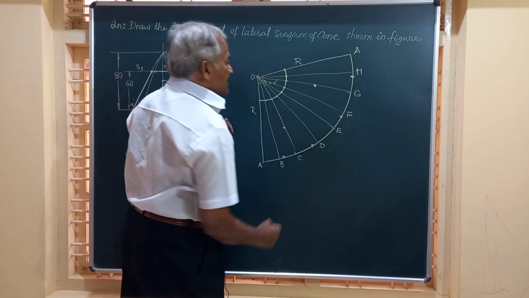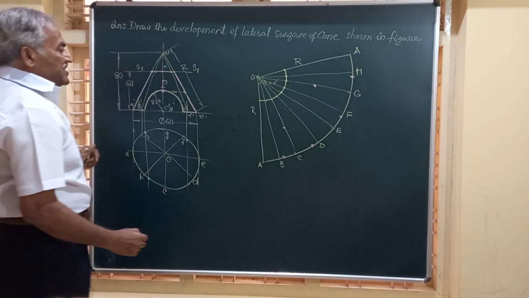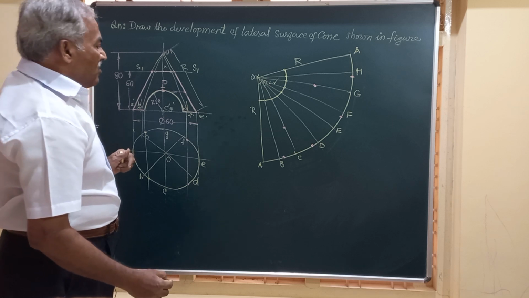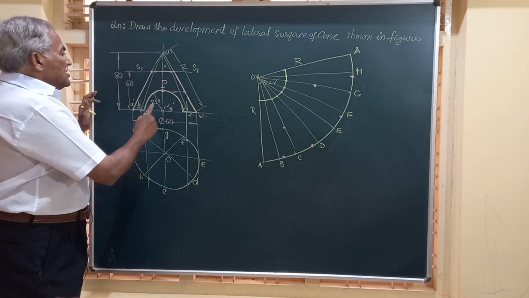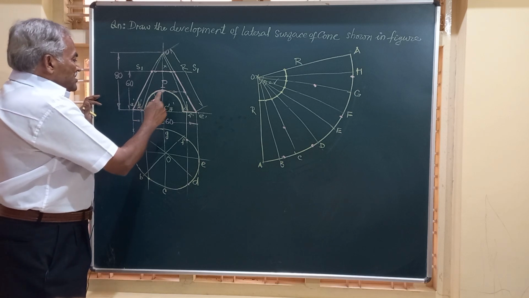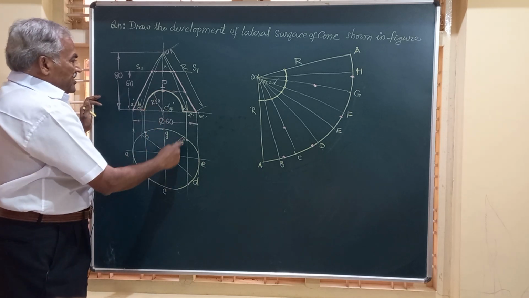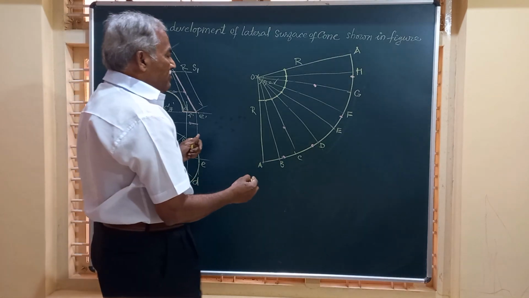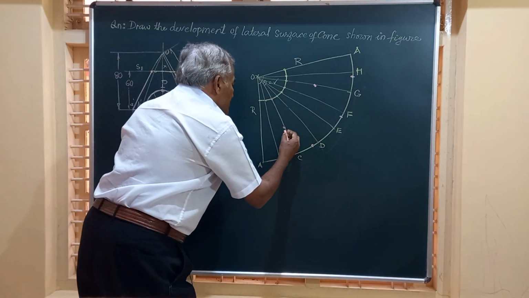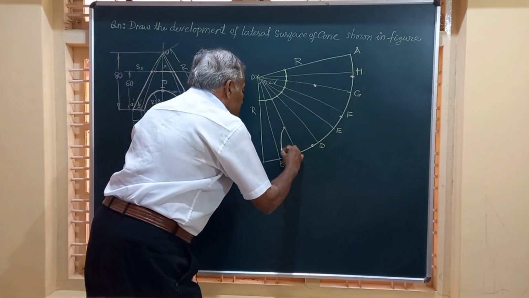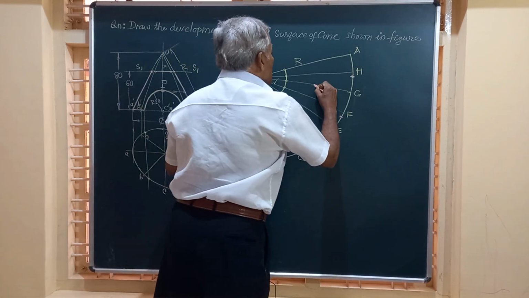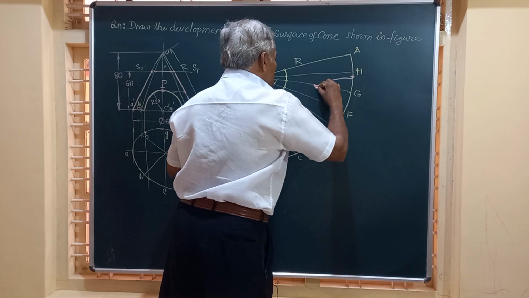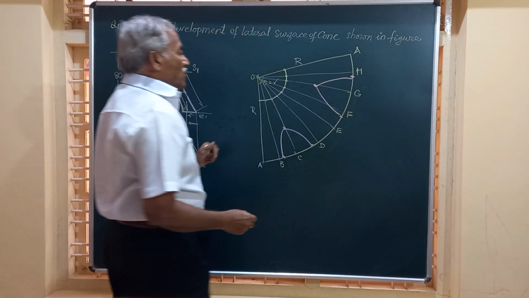It is cutting here. And friends, if you join all these points by a continuous curve, you have 2 points on this, 2 points here on the base. So if you join all these by a smooth continuous curve like this, this is one, and exactly similar to that, we are going to have one more curve.